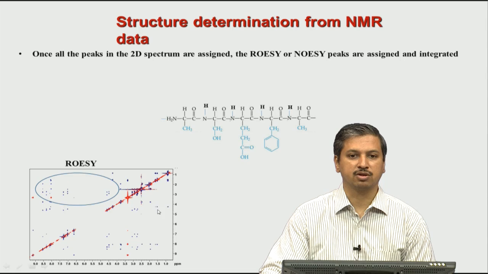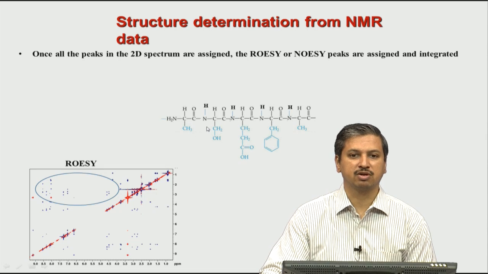One is on the x axis, another is on the y axis. Between the two protons they give a peak, and immediately when you see a peak, it implies that there is a distance of less than 5 to 6 angstrom between those two atoms. That is very important, because all the peaks here are giving you distance information.